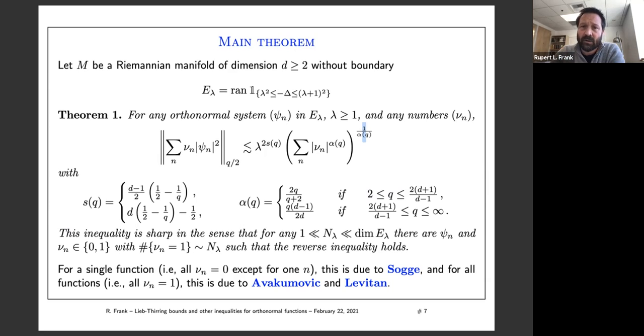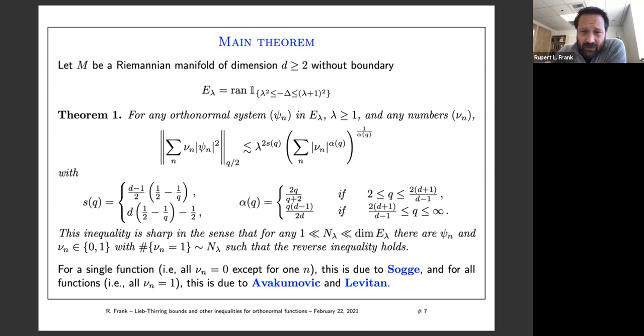Okay? If this is too complicated, just write an n there instead of the sum. Then you get this alpha of q, a certain power.